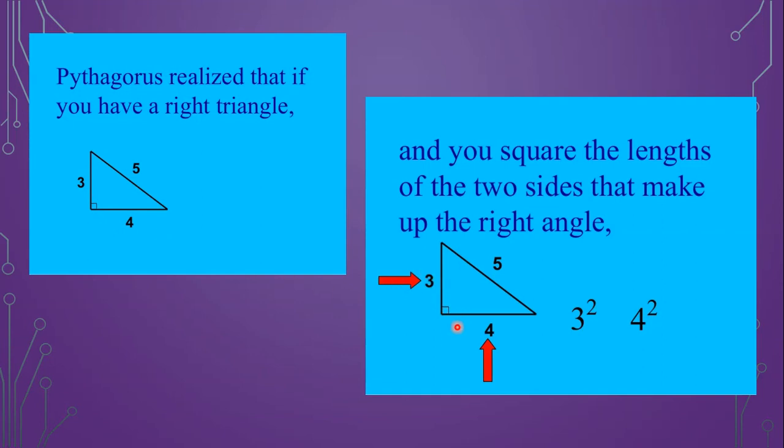Which two sides make up the right angle? The 3 and 4. You do the square of it. If I do the square of 3 and the square of 4, 3 3s are 9 and 4 4s are 16.